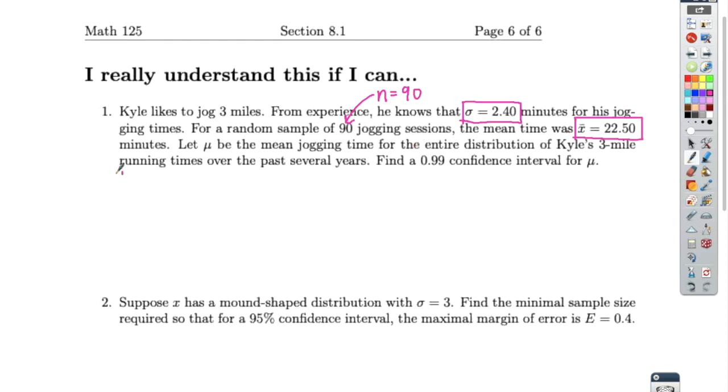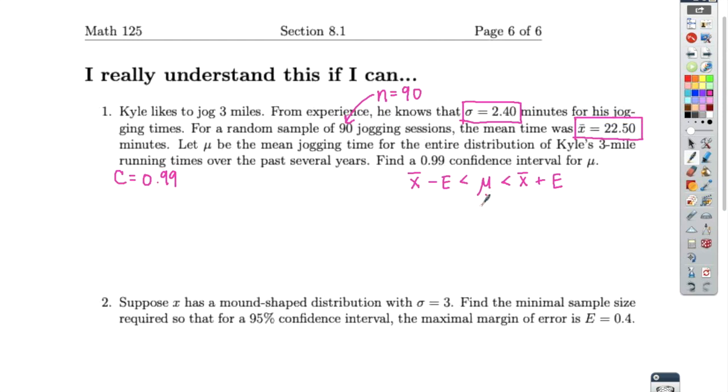Okay, so we want our confidence level to be 0.99 or 99%. And using that, I'm just going to start writing out the format of my answer. So my answer is going to look like x bar minus E is less than mu is less than x bar plus E. Now remember, you're going to plug in values here for everything except mu.